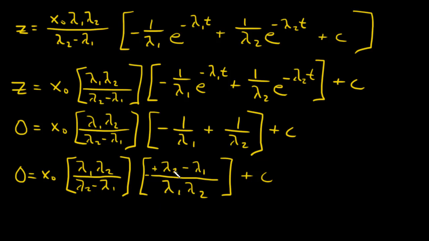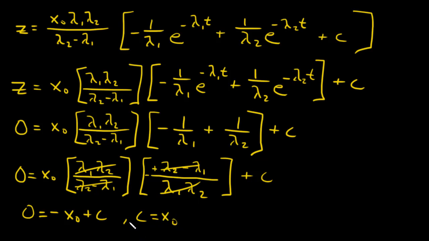I've got lambda 2 minus lambda 1 over lambda 1 lambda 2. That is exactly what I have here. So cancel, cancel. And what am I left with? Negative 1. So 0 is equal to negative x naught plus c. So what does c have to equal? c has to equal x naught.